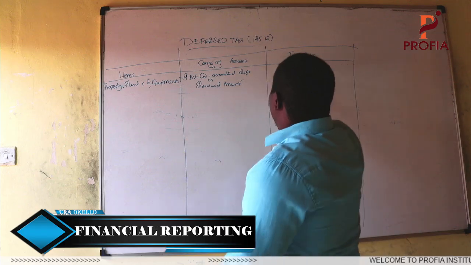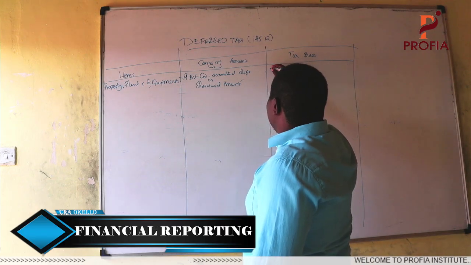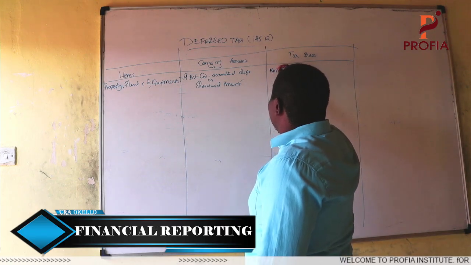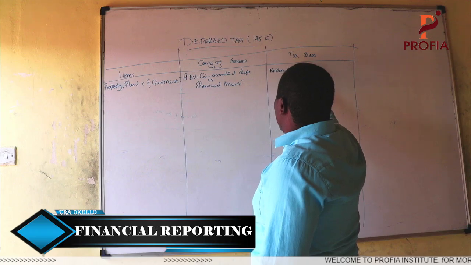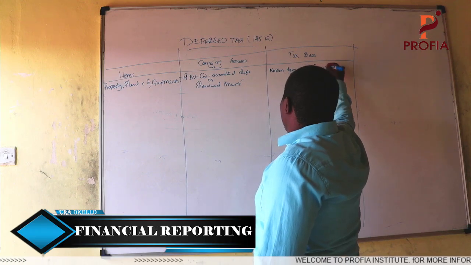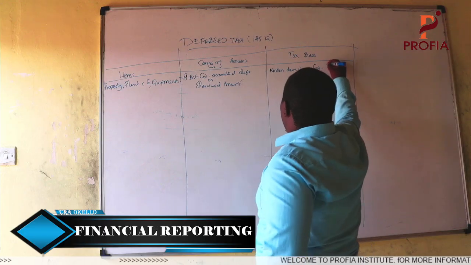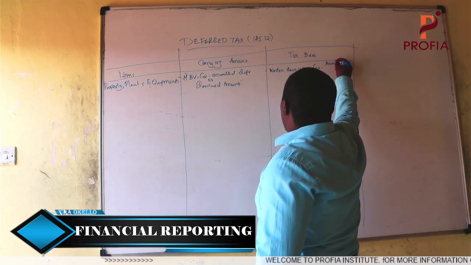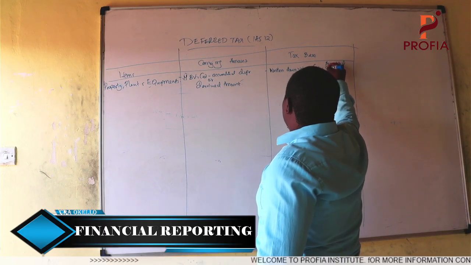But when we move here, it is written down value, which is calculated as cost minus accumulated, let me call it capital deduction.